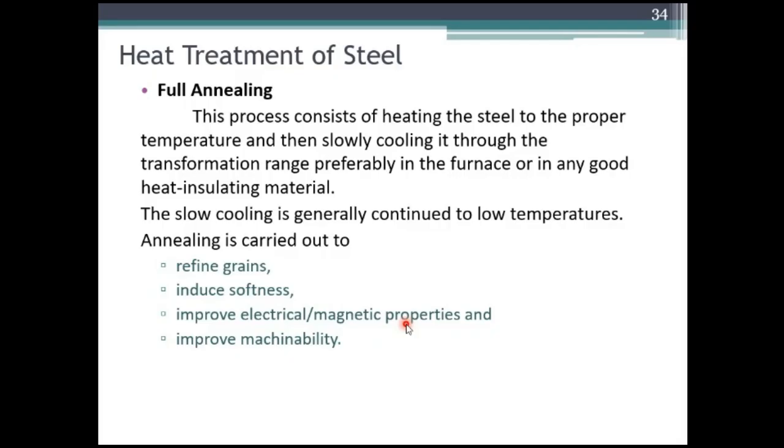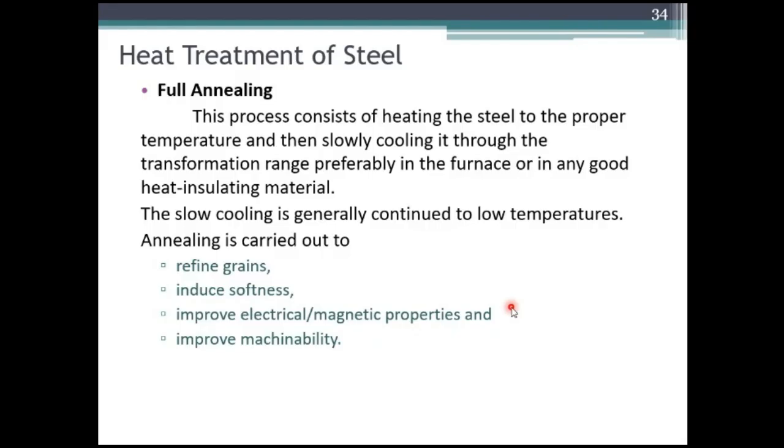It will also induce some softness. It will improve the electrical and magnetic properties, and machinability will also be improved. So these are the important reasons why we carry out the annealing process.